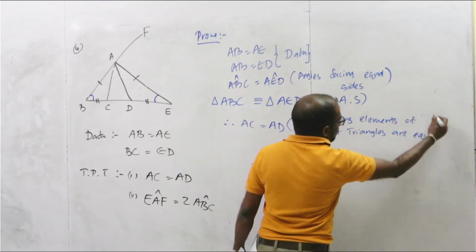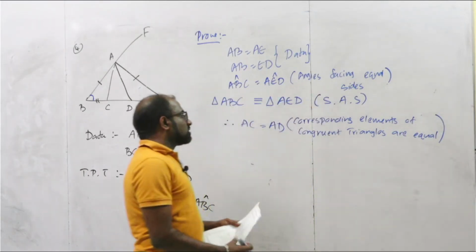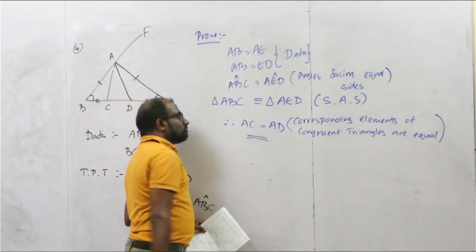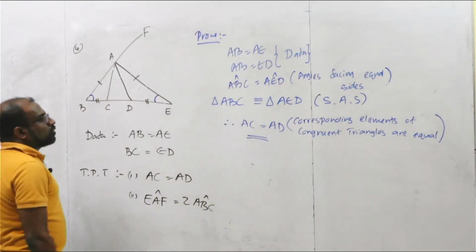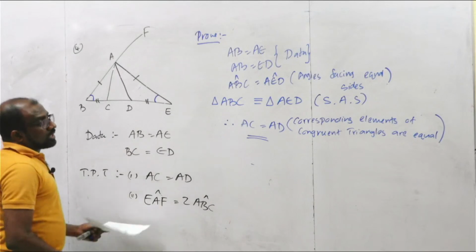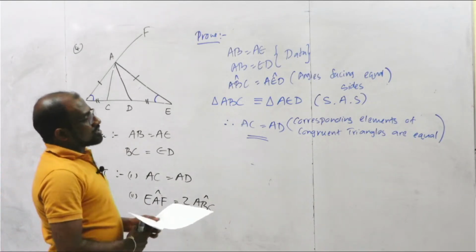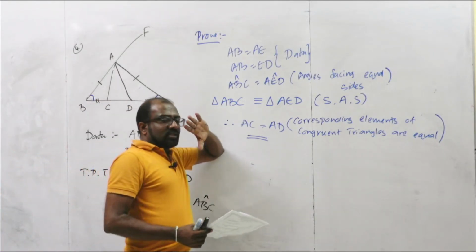Corresponding elements of congruent triangles are equal. Right, that's it. First one is proved.